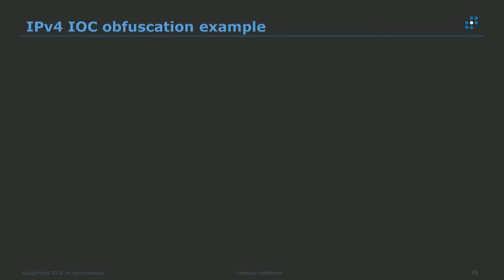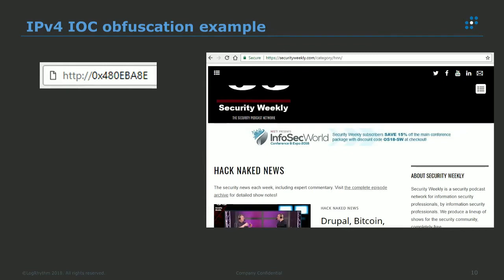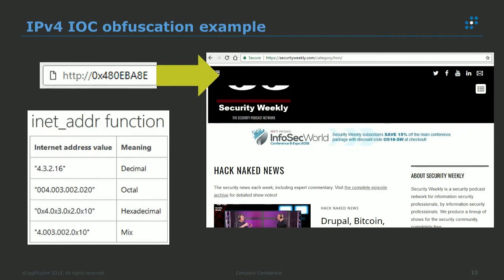And a quick example of this: if we take something very simple that we all understand, an IP address can actually be represented in many different ways. And that's by design as part of most modern operating systems. You can type a domain name like google.com or securityweekly.com in this example into a web browser, or you could also use the DNS equivalent IP address that maps to that domain name.